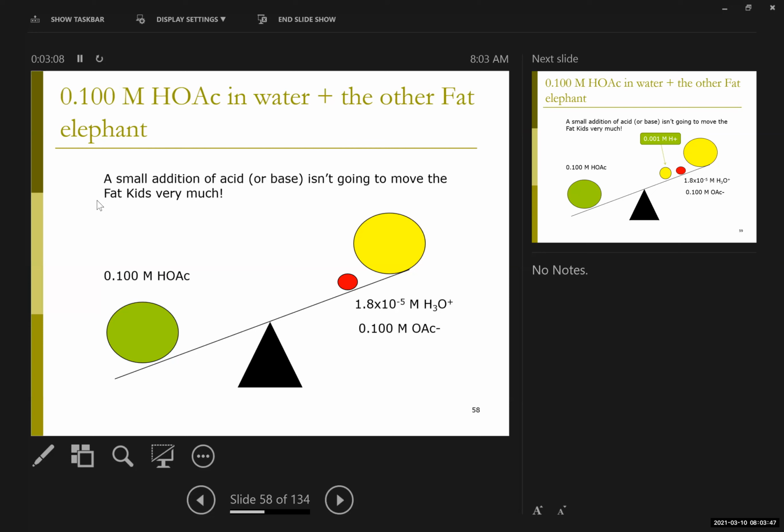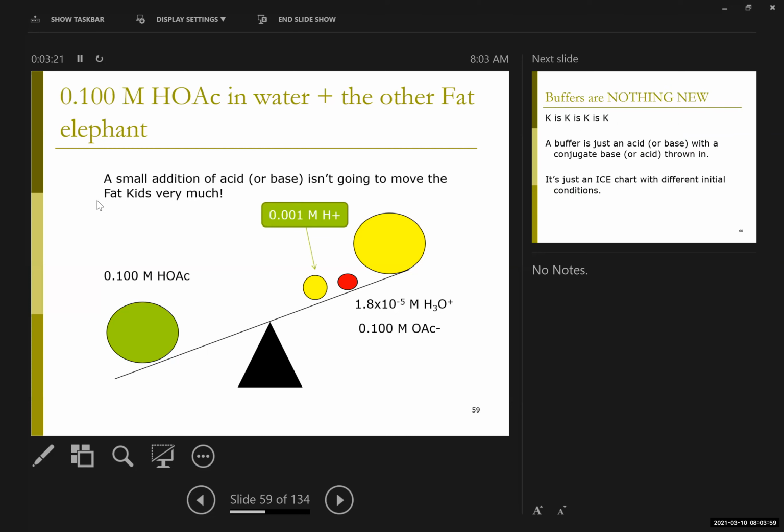So my initial pH is different, but because the equilibrium is largely set by those two big amounts of the conjugates, it is much harder, if I add a little bit of acid or a little bit of base, to swing the equilibrium, or again, more specifically, to change the pH. And so the buffer is useful if I have a situation where I do not want the pH to be changing.